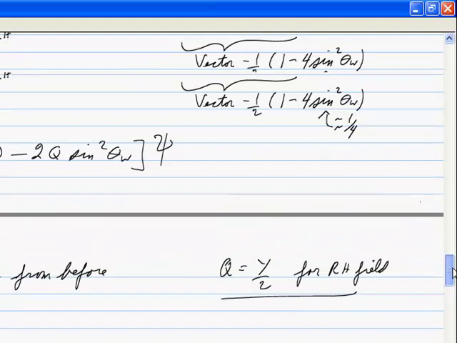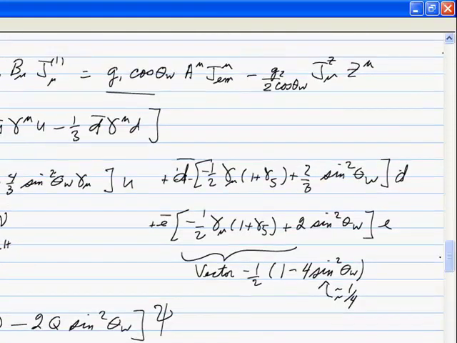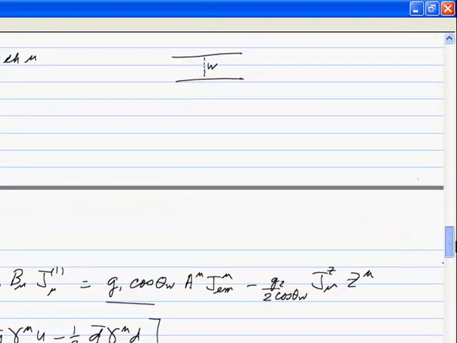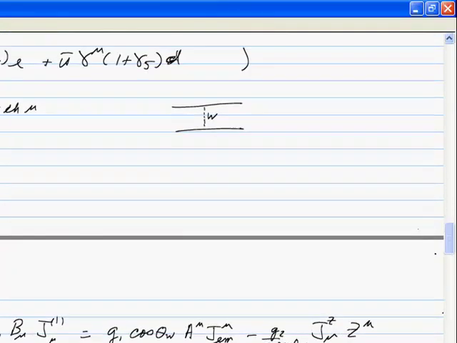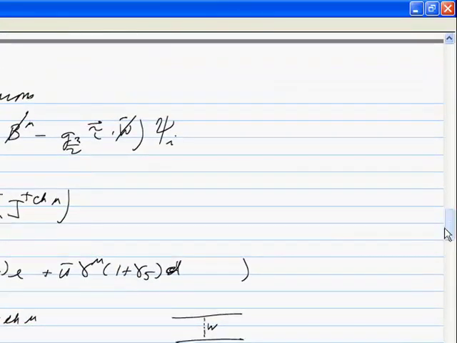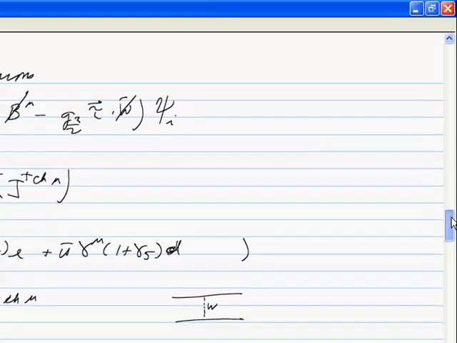So, anything else? Yes. Is it possible to see how the left-handed and the right-handed electrons get their hypercharge? Let's see. You want to work out how we get the electron charge to work out exactly. Okay. Let's see if I can do it.